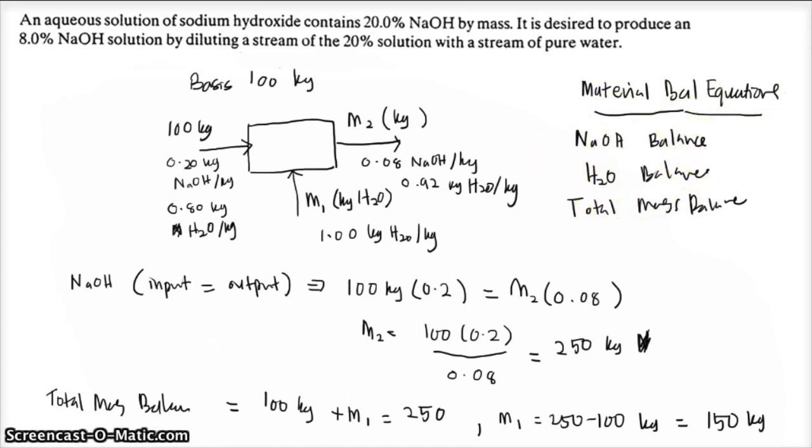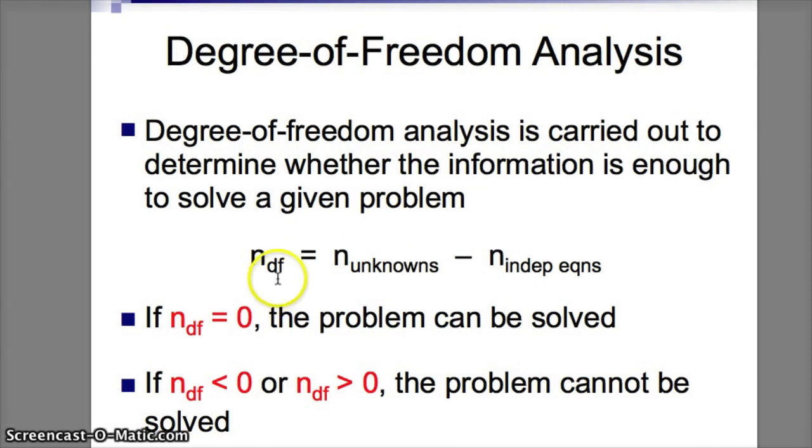Let's go back to the lecture notes. The number of degrees of freedom is equal to the number of unknowns minus the number of independent equations. In the previous problem, we have 2 unknowns and 2 independent equations, so the number of degrees of freedom is 0, and we state the problem can be solved.